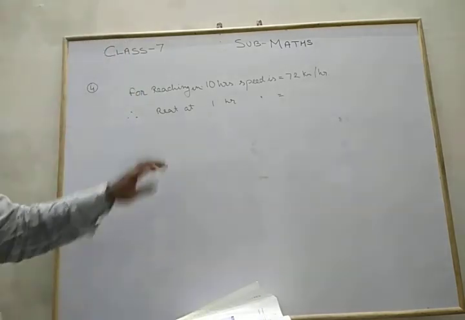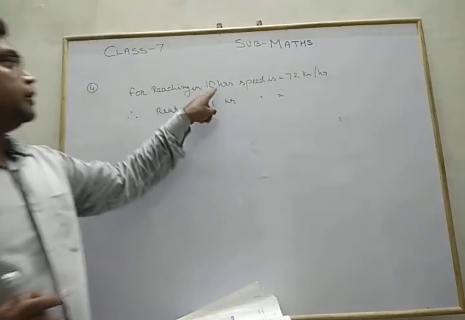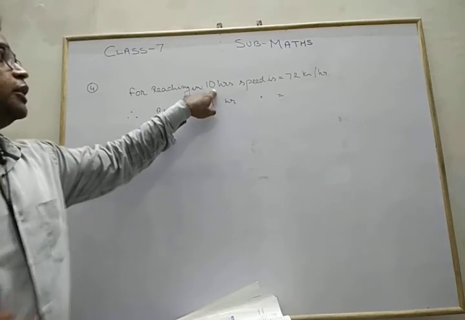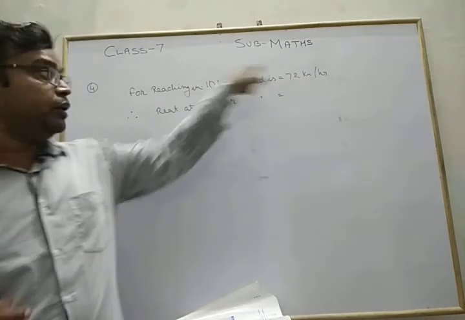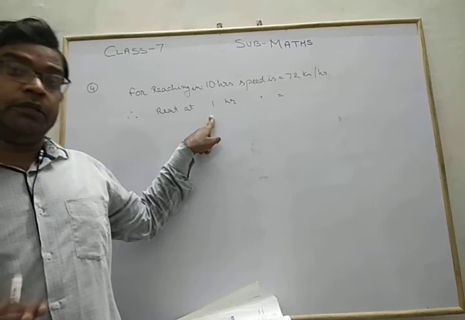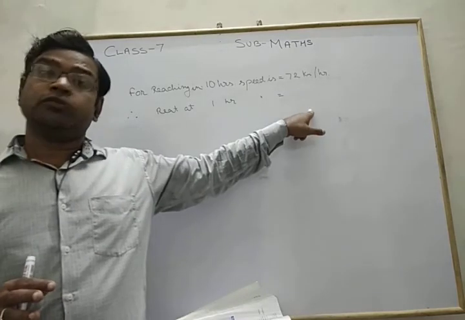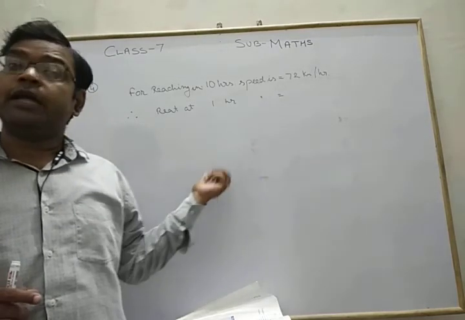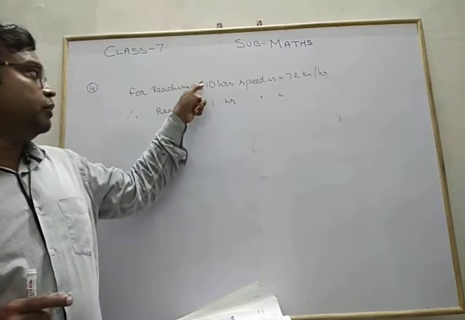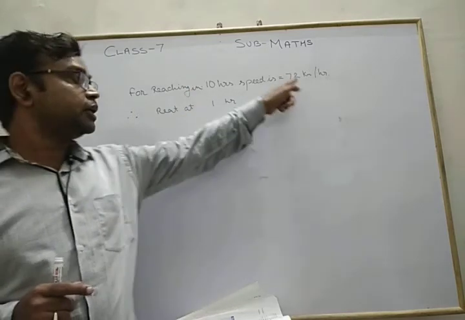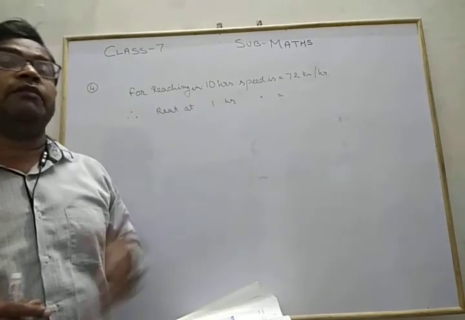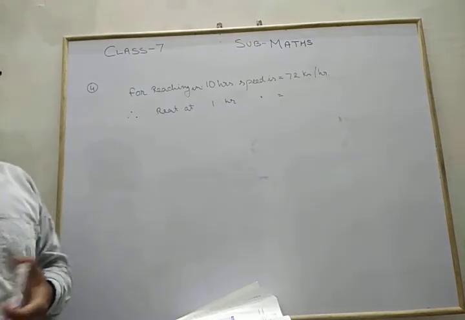Now, follow the concept. If we reach in 10 hours, the speed is 72 km per hour. If we need to reach quickly, it means what? We need more speed. So in this case, there is an indirect variation because here the time is decreased, so the speed is increased. So in this case we have indirect variation, so we multiply.